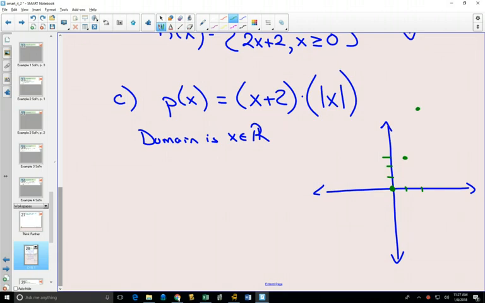What happens when I start plugging in some negative numbers? If I plug in -1, I get 1. If I plug in -2, well, that'll make that 0. And if I plug in -3, this will be 3, this will be a -1.